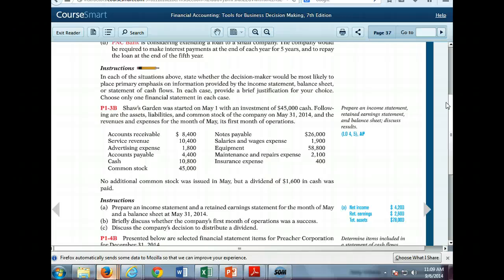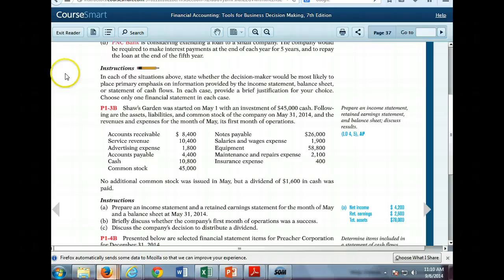No additional common stock was issued, but a dividend of $1,600 in cash was paid. We need to prepare an income statement and a statement of retained earnings for the month of May and a balance sheet. This is why I wanted to do this problem, because you're gonna have to do a balance sheet. Briefly discuss whether the company's first month of operations was a success. Discuss the company's decision to distribute a dividend.